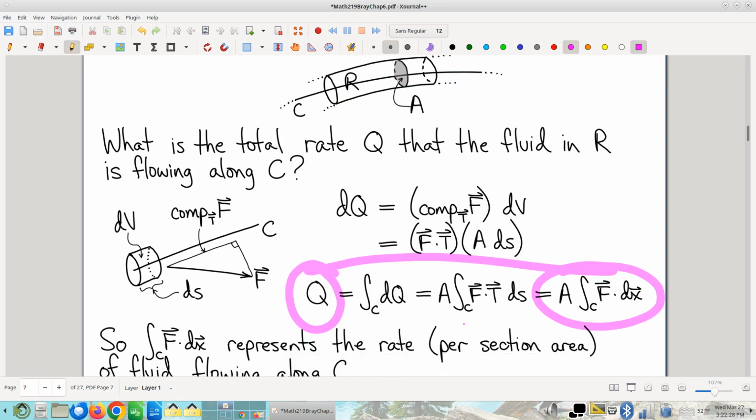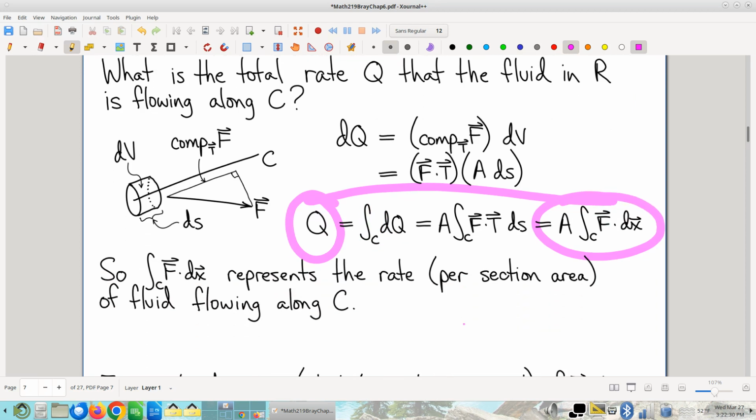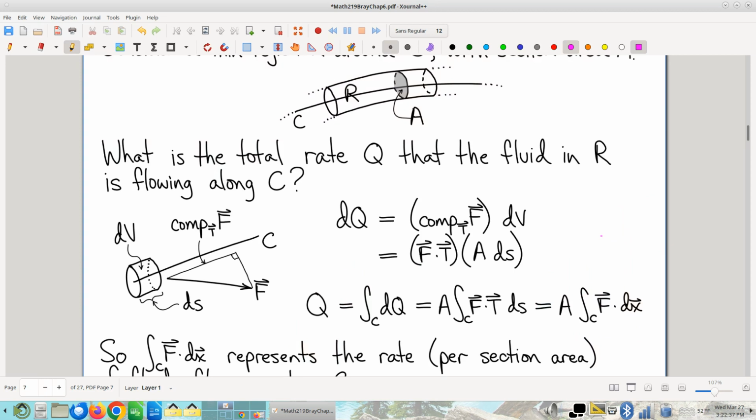So who cares? It's a pretty reasonable complaint to have here. Let me try to explain why we care about this. First of all, I'm going to talk about that cross-sectional area for just a second. Notice the way that cross-sectional area shows up in our answer is that it's just a factor. And this is really unsurprising if you think about it. More area just means more fluid, right?